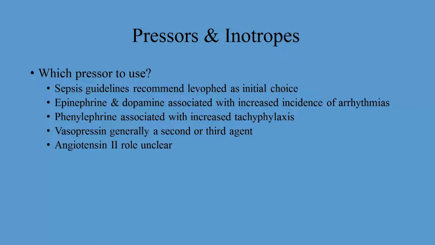So again, the sepsis guidelines say Levophed's your first choice. Epinephrine or dopamine are okay options, but again, increased incidence of arrhythmias. And with epinephrine infusion, you also tend to get some insulin resistance that can be very difficult to compensate for. Phenylephrine, with its pure alpha properties, you don't see those arrhythmias, but you tend to see some tachyphylaxis with that.